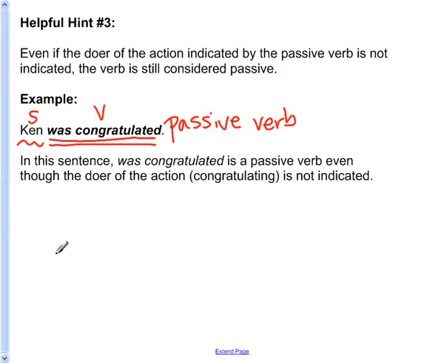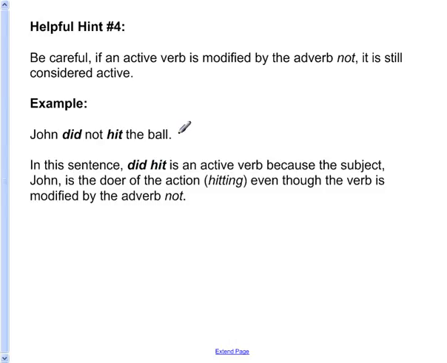And finally, helpful hint number 4. Be careful. If an active verb is modified by the adverb not, it is still considered active. For example, John did not hit the ball. All right, the verb here is did hit. That's our verb, and our subject is John.